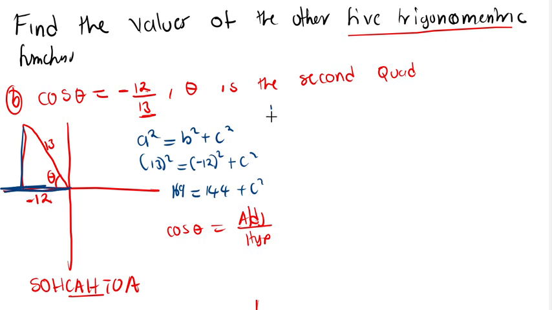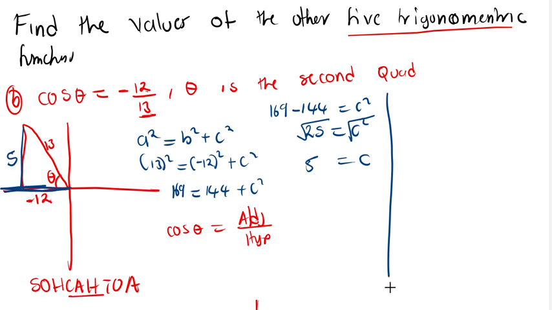So you have 169 minus 144 equal to c squared. The answer is 25. So you say 25 is equal to c squared. You put the square root. So what is your c? It is 5. Then after doing that, what is the next stage now?